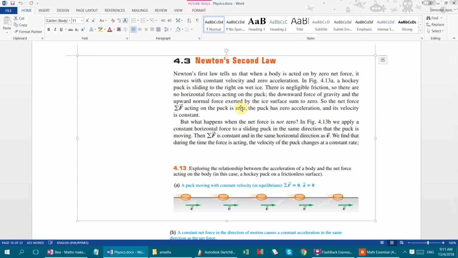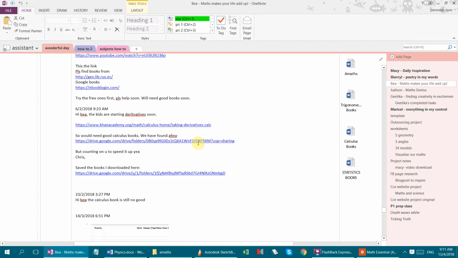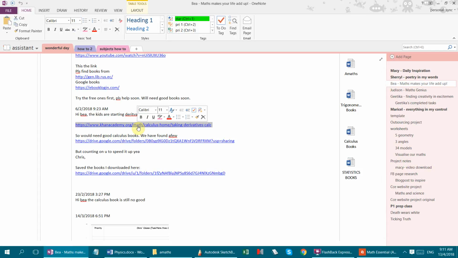Please go to the Khan Academy link as well, where it explains a lot of things. Yes, we need this level of clarity in the book. It doesn't have to be fully that level, because this is very, very detailed and clear.